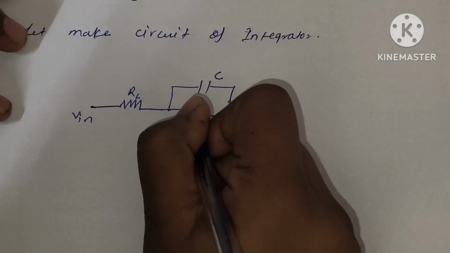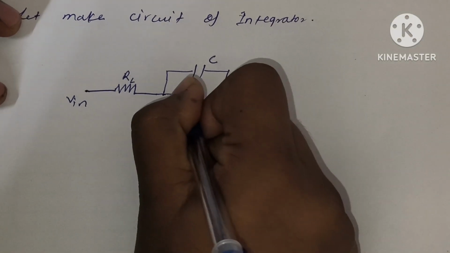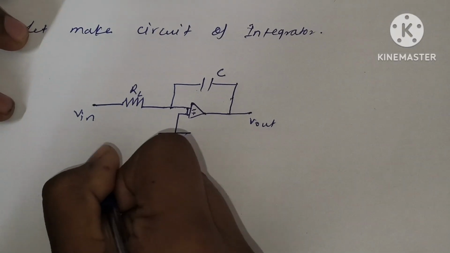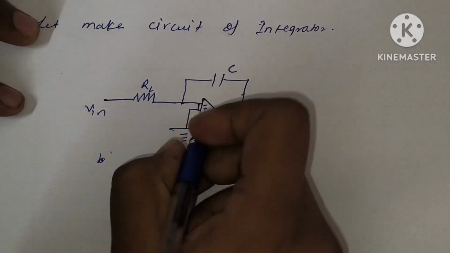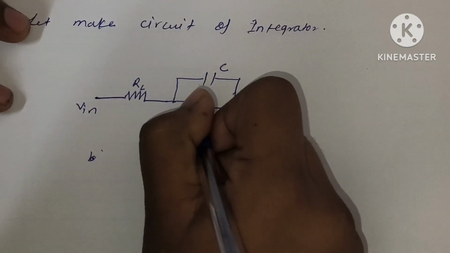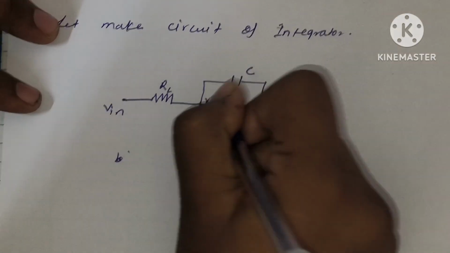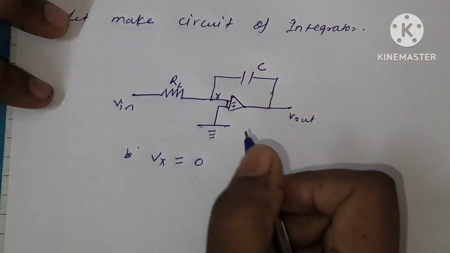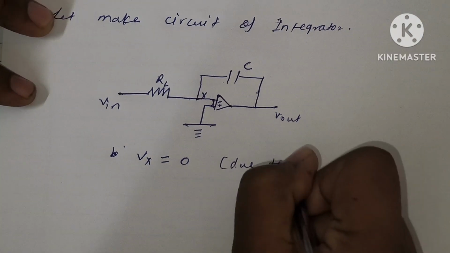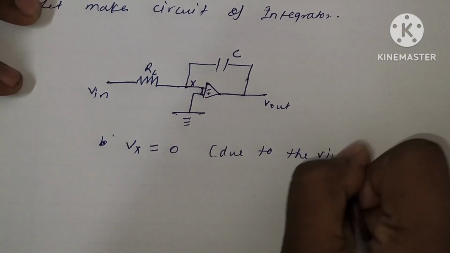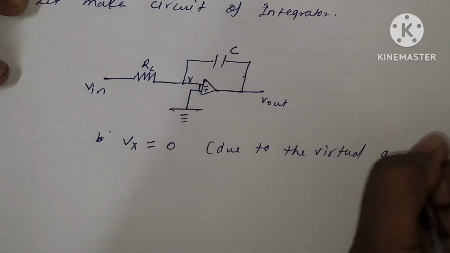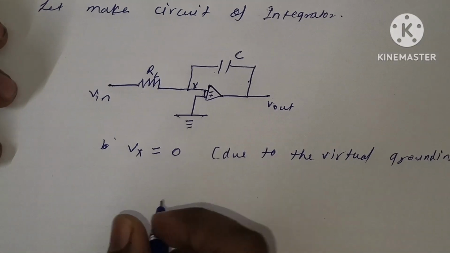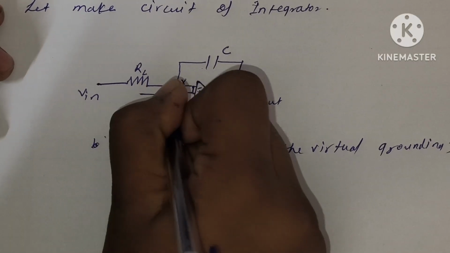As there is virtual grounding between the positive and negative terminals, the voltage at point X will be equal to zero.